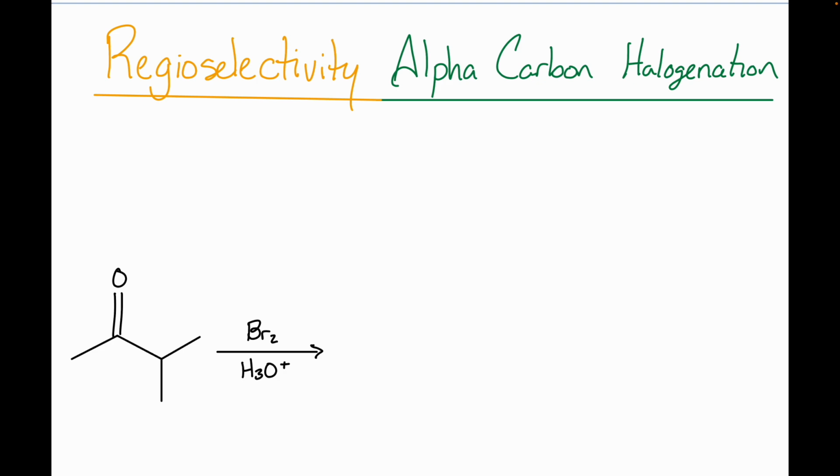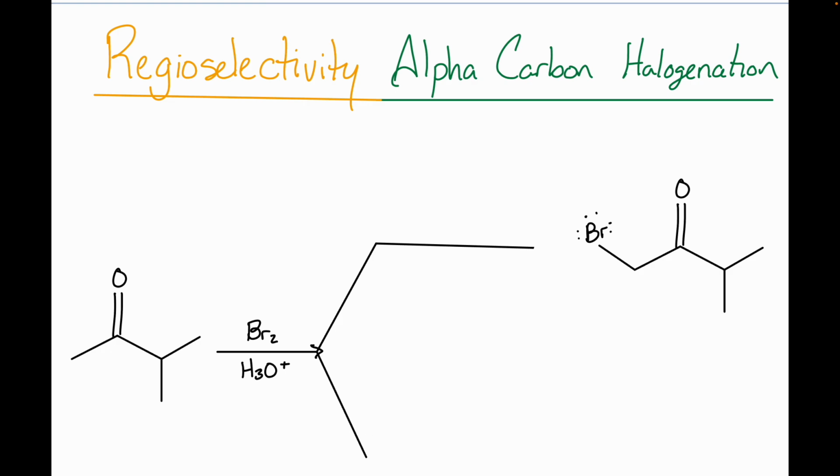All right, we got two different sort of possibilities for our product here. We could either halogenate the carbon on the left, or we could halogenate the carbon on the right.